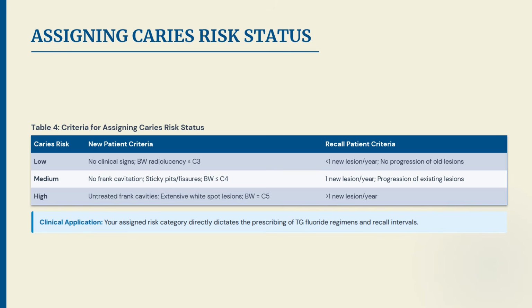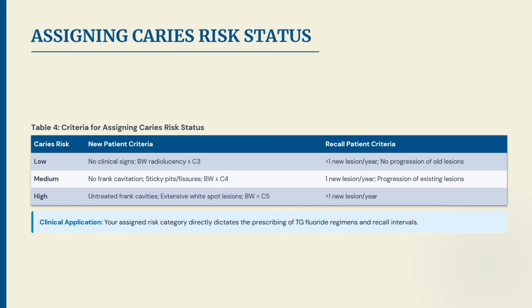The bitewing radiography shows less than or equal to C3 level, and the patient has less than one new lesion per year if it's a regular patient. When you compare with the old radiographs, there is no progression of old lesions. Then the patient is considered to be at low risk.